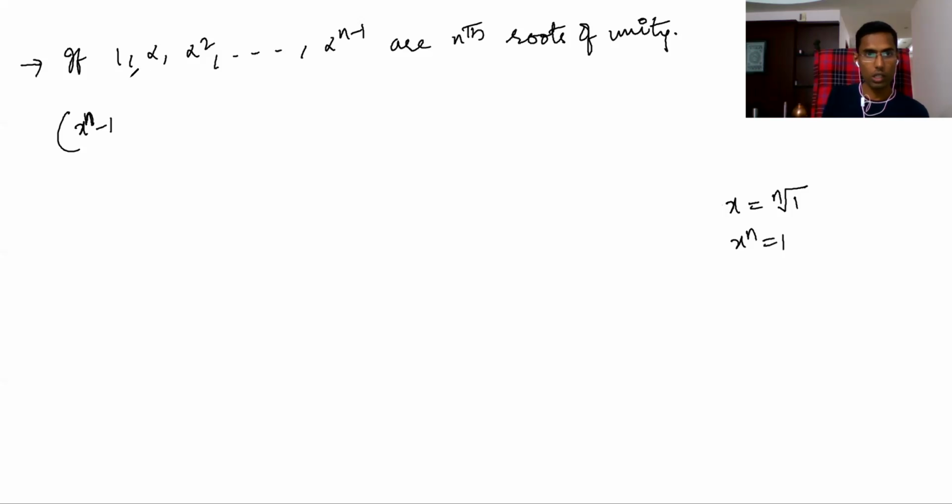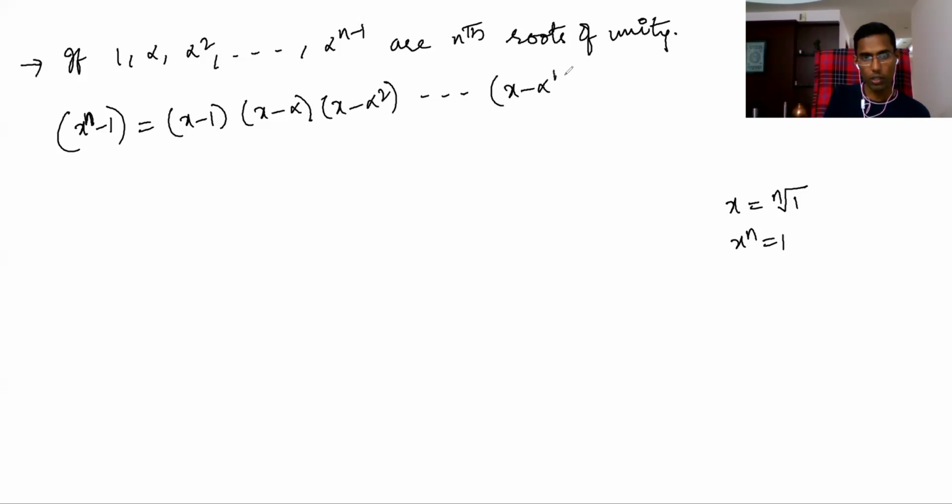That means x power n minus 1 can be written as x minus 1 into x minus alpha into x minus alpha square and so on up to x minus alpha power n minus 1. This is factorization; these are factors, these are roots.